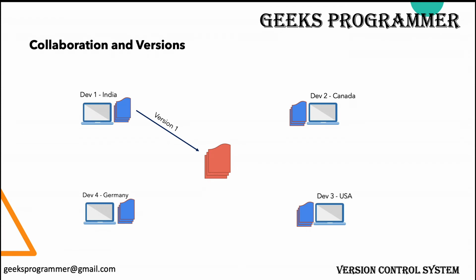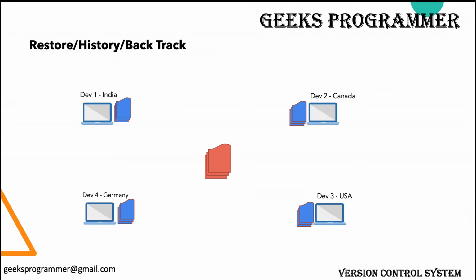As soon as you push or commit, we'll see what a commit is in the coming tutorials in this series, he makes a version, and another guy does the same thing. So this cycle goes on, and every commit has some history, so you are creating versions. At any point of time, if you need a previous version, you can get it.